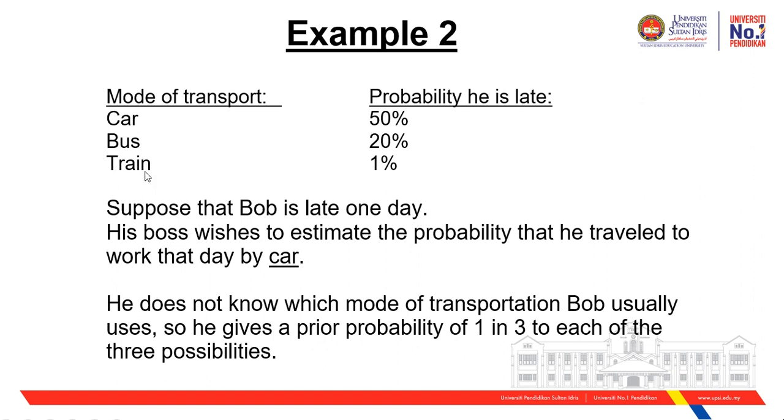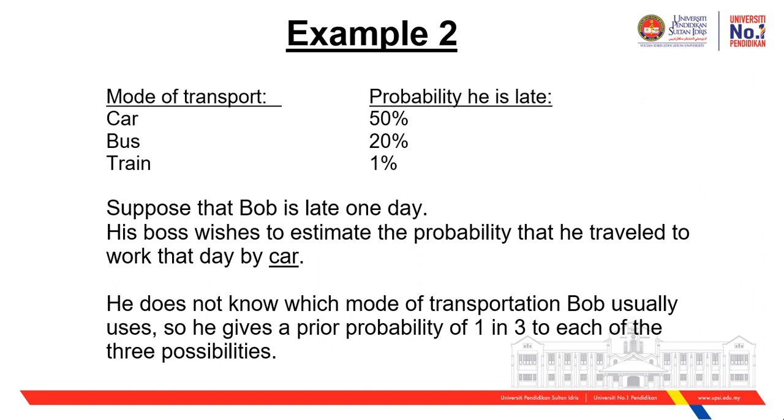Since the boss doesn't know what mode of transportation Bob usually uses, he gave a prior probability. Remember the prior probability that I told you just now? It is the individual probability. For this case, he gave 1 over 3. 1 in 3 means 1 over 3 or 0.33. So basically, the probability Bob will travel by car is P(car) equal to 0.33.